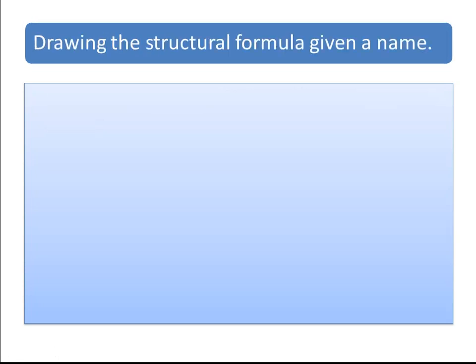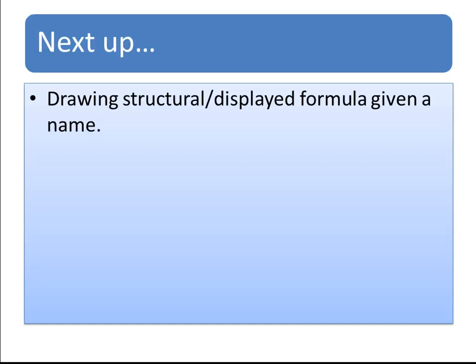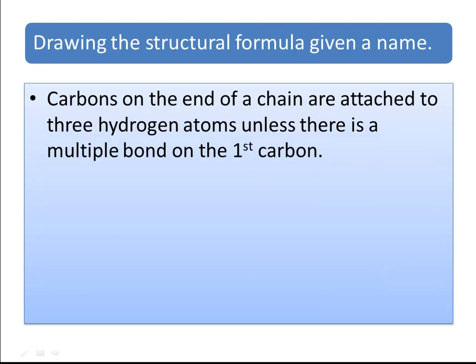But there are a couple of things that I want us to talk about before we start writing formulae. Carbon atoms on the end of the chain are always attached to 3 hydrogen atoms unless there is a multiple bond on one of the first carbons.